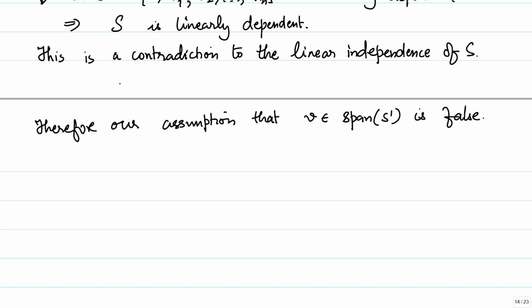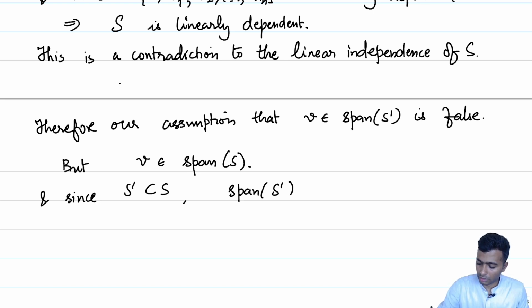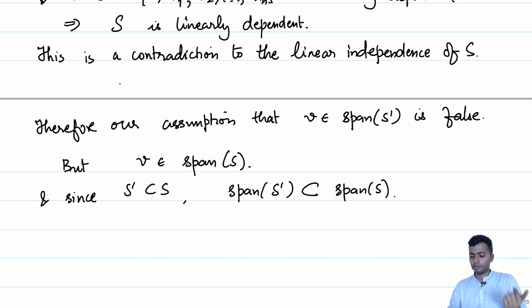That means V does not belong to span of S prime, but then V, which is equal to 1 times V, is an element in the span of S, and since S prime is a subset of capital S, span of S prime should be contained in span of S. So, we have realized span of S prime as a subset of span of S, and we have also found one element in span of S which is not in span of S prime.